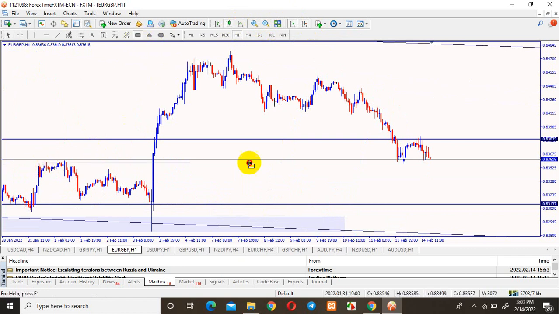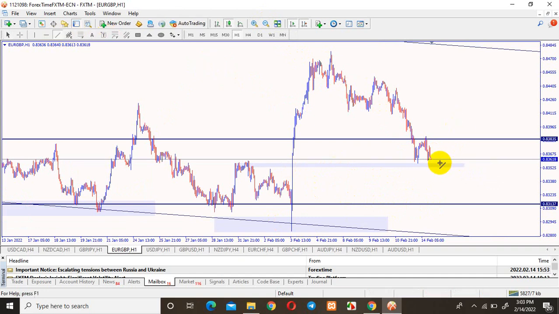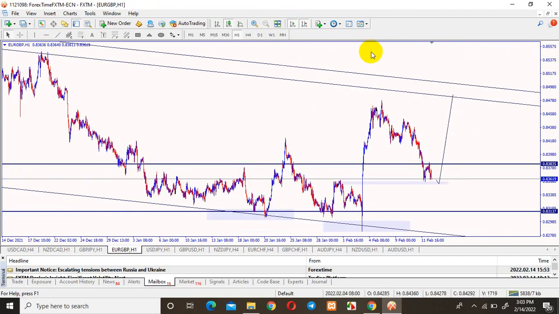Currently, I can see price on this zone, on this minor support. So if anything is to go by, look at price action here to move up to this level, up to this zone. But permit me to do this.